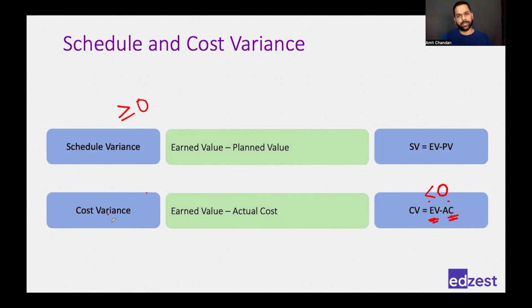I'm over budget. If my cost variance is greater than 0, it means my earned value is more than the actual cost, which means I'm doing good in terms of cost, which means I'm under budget. And if it is equal to 0, I'm spending exactly what I had planned for. So my cost variance should either be equal to 0 or greater than 0.